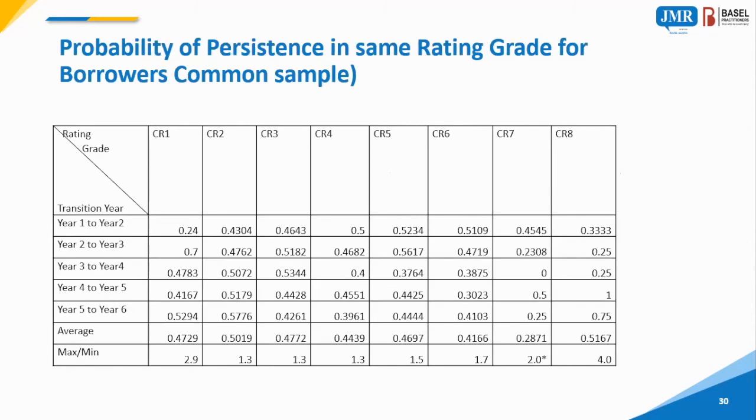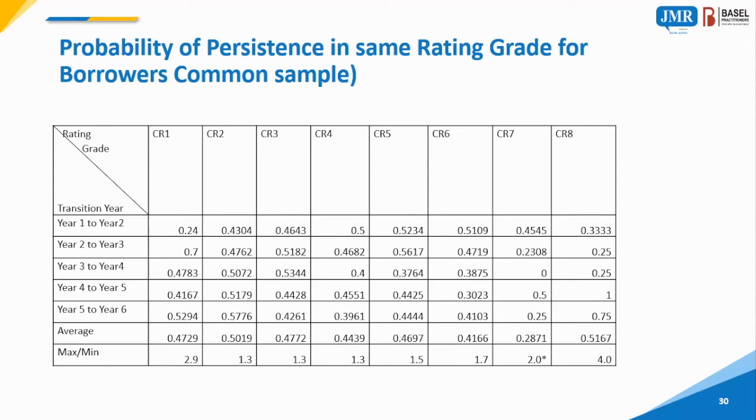And probability of persistence is staying in the same rating grade. This is very important for evaluating your default probability matrix. The basic idea is that any good default probability computation method, either cohort or duration, must ensure that persistence in the same rating grade over 12 months is very high.